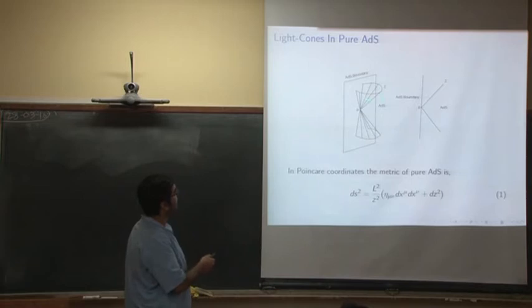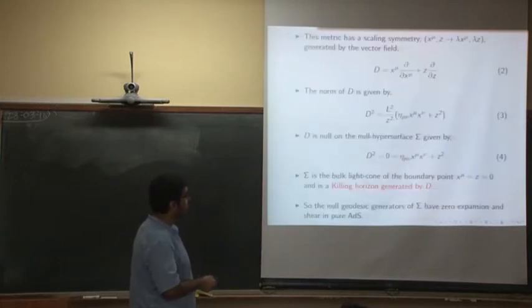So I am just looking at the future light cone of this point P, and let's assume that this point P has coordinates x^μ = z = 0.